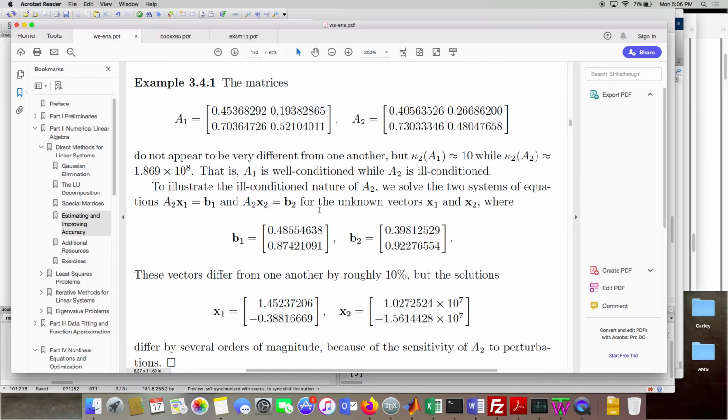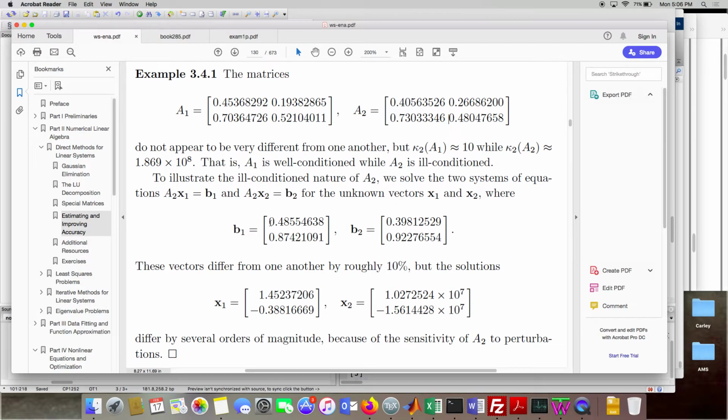Here I have B1 and B2, two B vectors that do not differ by very much. So what I do is I'm going to take A2, the ill-conditioned matrix, and solve systems with both B1 and B2. So B1 and B2 differ by about 10%. But look at the solutions. Here's a solution x1 and x2. The numbers are enormous in x2.